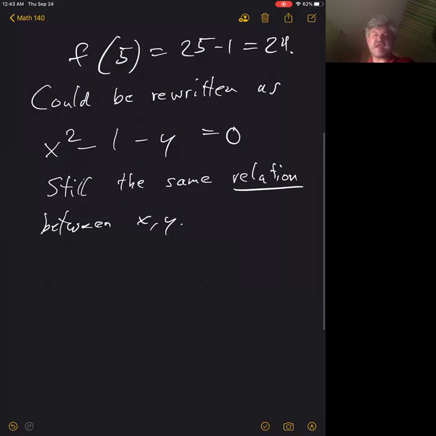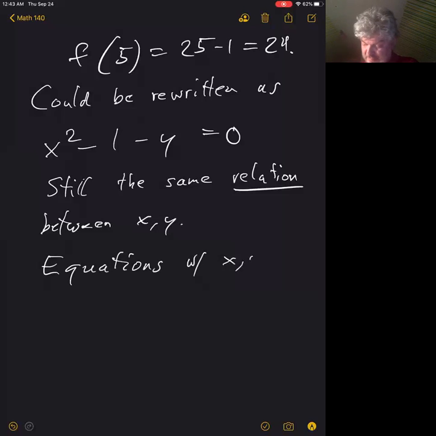And generally, if you have just random equations with x and y, we can always say they define a relation. It's a technical term. It's not relatives, and it's not relationship. It's called relation.